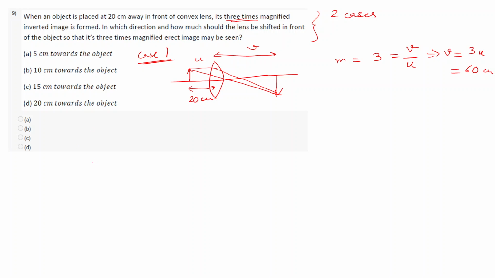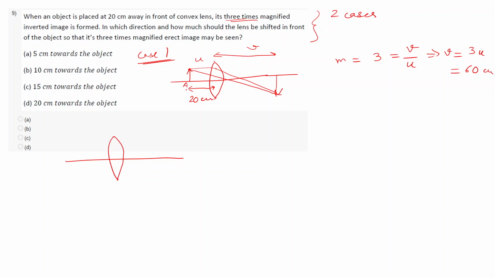For second case, the question is asking in which direction and how much the lens should be shifted in front of the object, means towards the object.